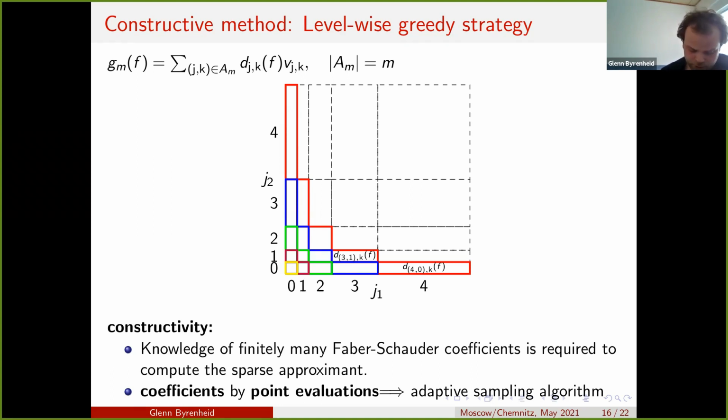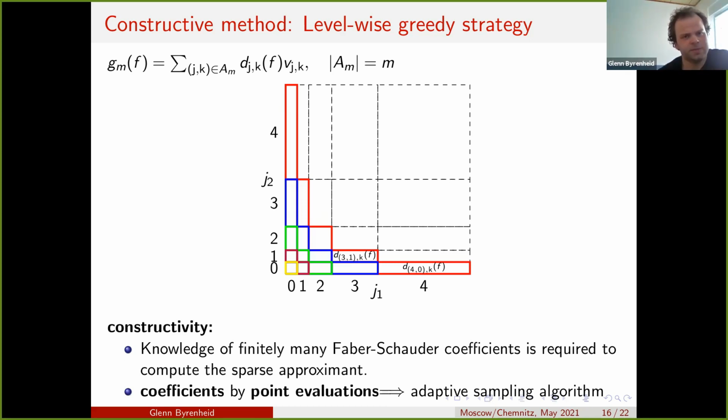The interesting point is that for the selection procedure, we don't have to know the full scope of Faber-Schauder coefficients. For any prescribed error, we have to know only a finite number of levels of these coefficients.